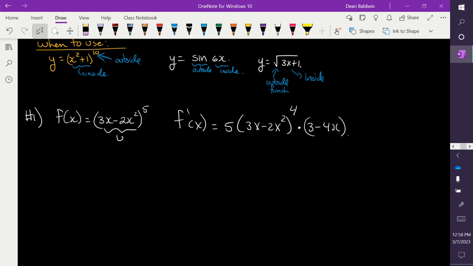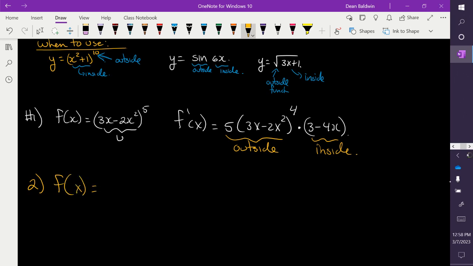This is the outside derivative, and this is the inside derivative. Does that make sense? This is really important. Then you would clean it up. I'm not going to worry about that right now. For now we'll just leave it like that.